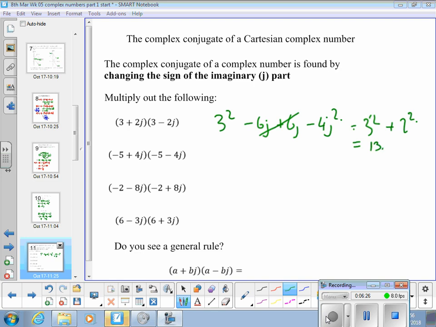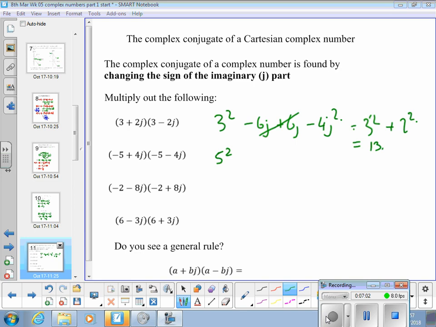Here again, minus 5 times minus 5, 25. I'm going to write it as 5 squared. What I'm trying to show you is where that constant comes from. It's always going to come from the square of the two numbers added together. 5 squared. The 2j terms cancel each other out.